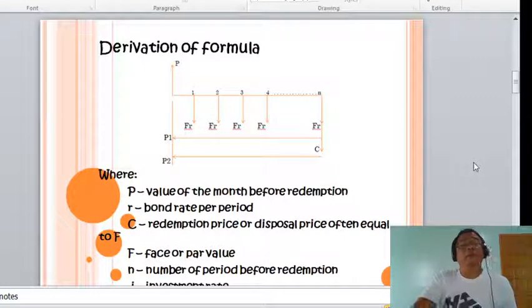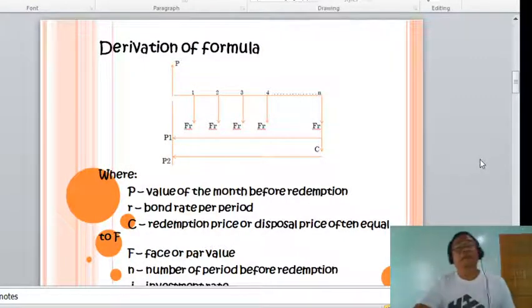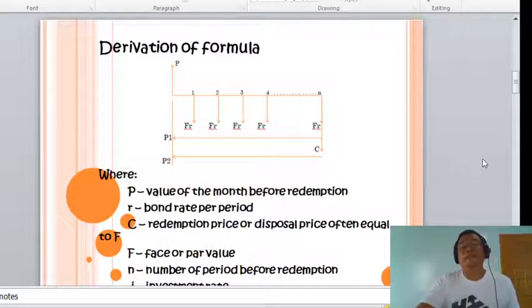We are now going to derive the formula. This is very simple, since it is only in the form of an annuity and compound interest.